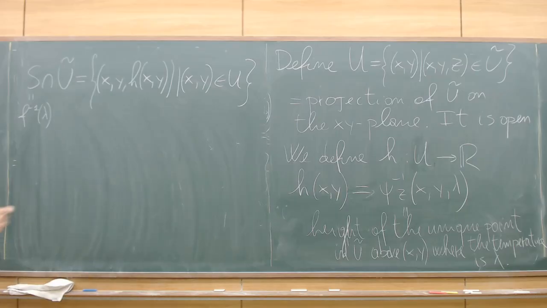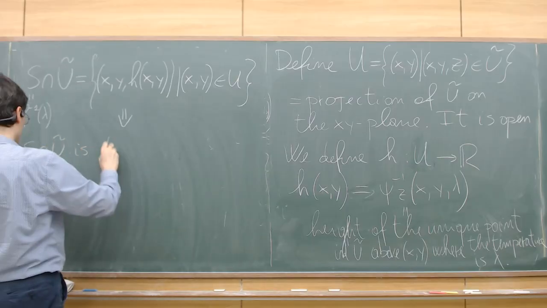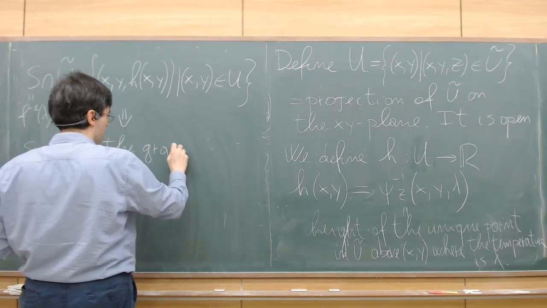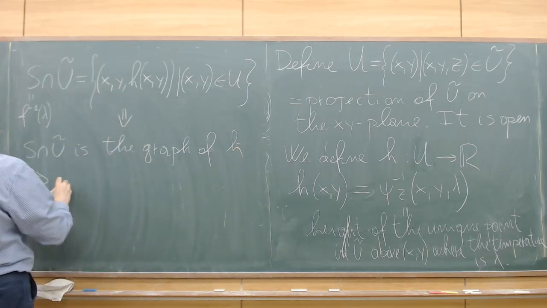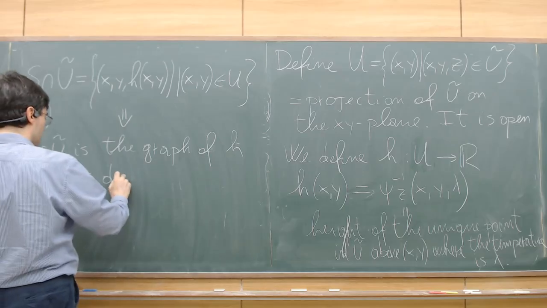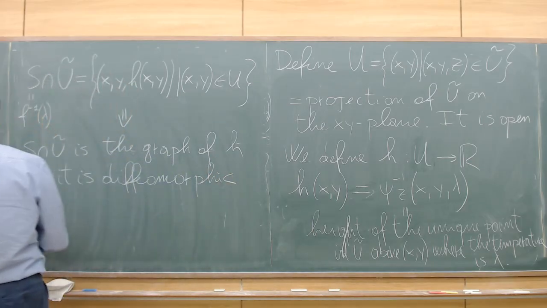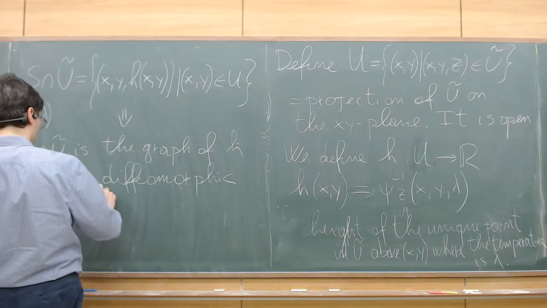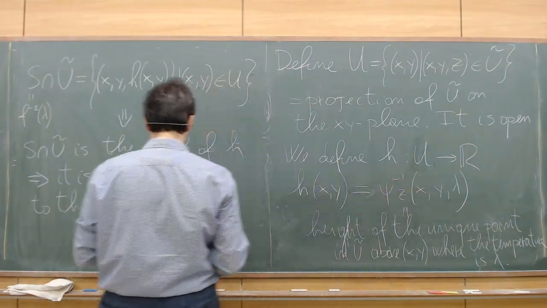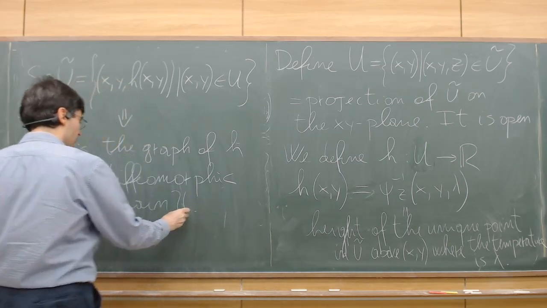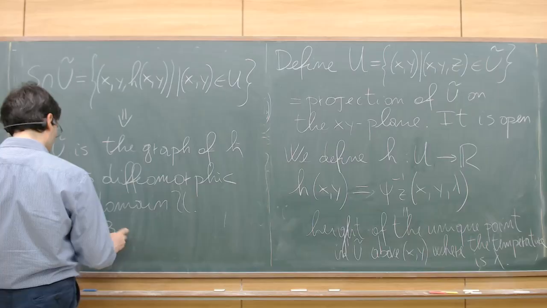So this says that S intersection U tilde is the graph of H, which implies it is diffeomorphic to its domain, which is U. This is a consequence of lemma 3.17.